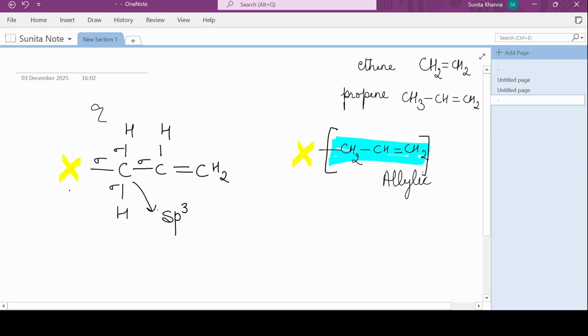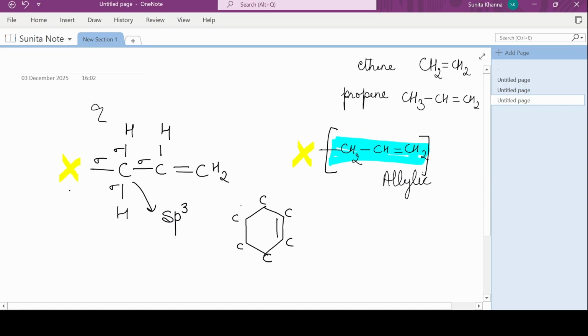Is that clear? Now what another example can we take? It may be a cycloalkane also, on a cyclic structure. For example, say this one. Children, each corner indicates a carbon. Say it has a double bond. So this is carbon, this is carbon, this is carbon, this is carbon, this is carbon, this is carbon.